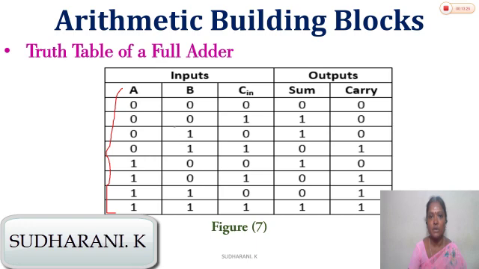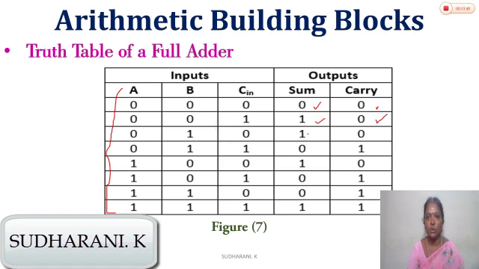When all the inputs are 0, then sum will be 0 and carry will also be 0. When A is 0, B is 0 and C in is a 1, then sum will be 1 and carry will be 0.